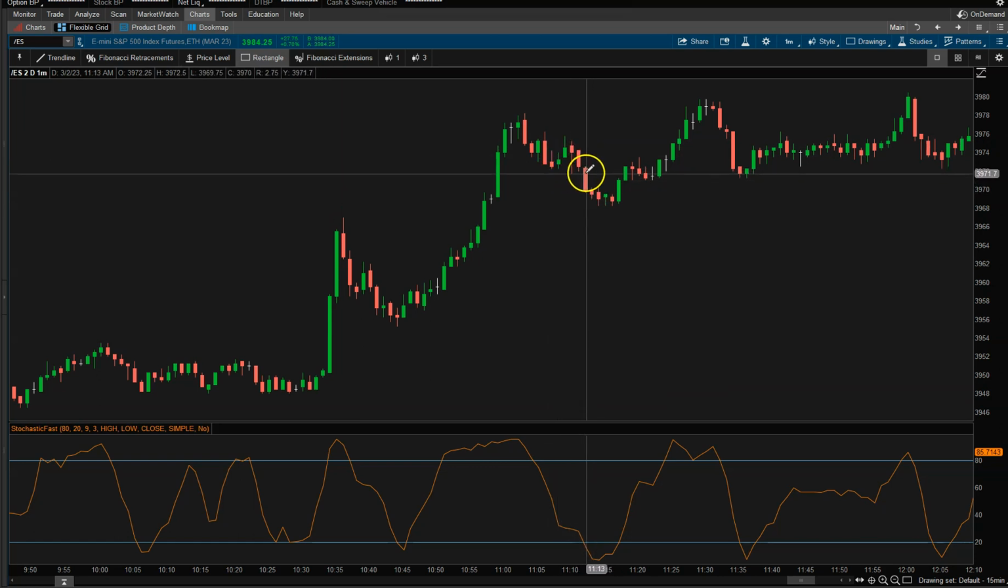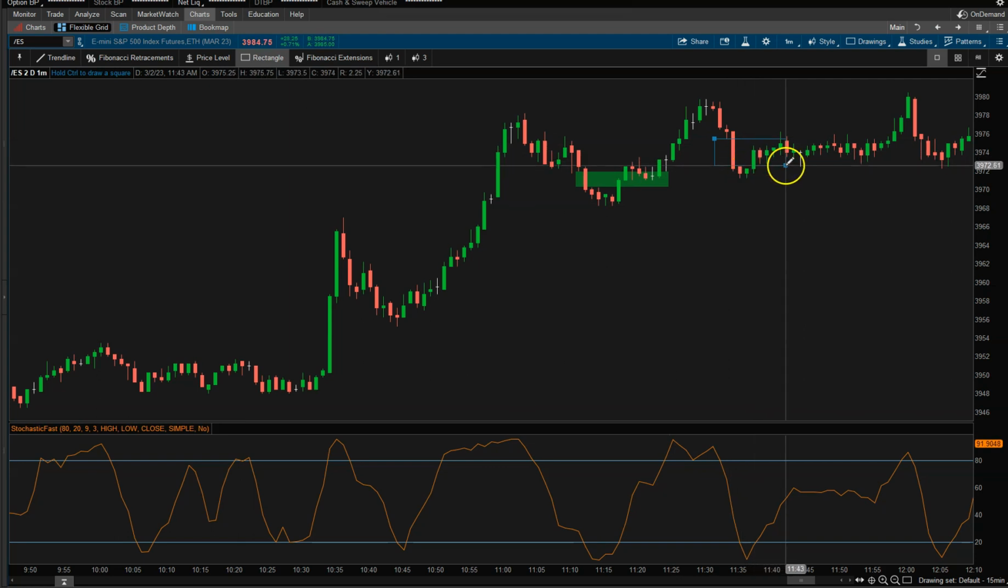Okay, so here's a good one. We have 1, 2, 3, right? So we actually have a fair value gap here, right? Because we see the trend actually break below. So we have a high, low, lower high, lower low, and then we come back in and it pulls back, but the market was very strong, right? So these are the patterns that we're looking for.